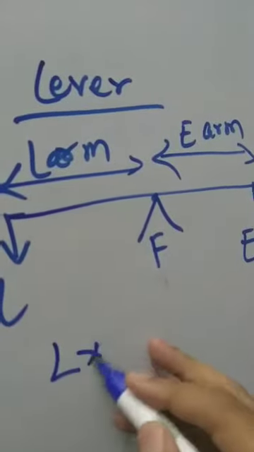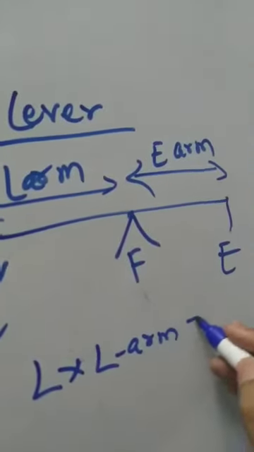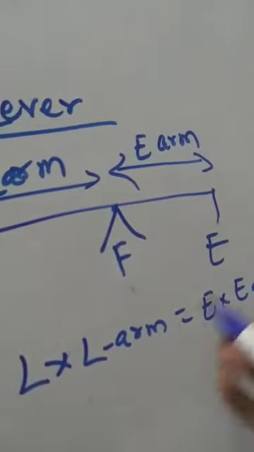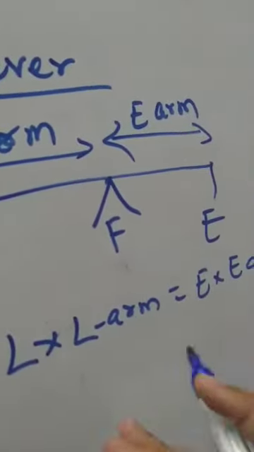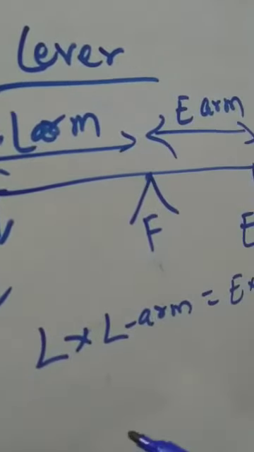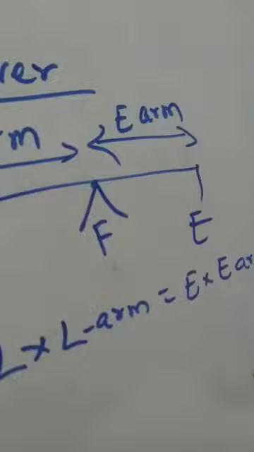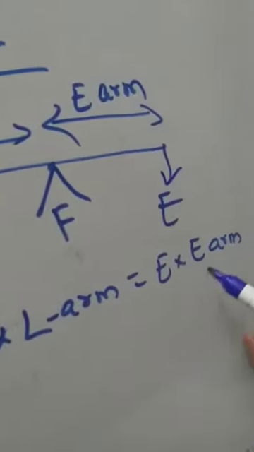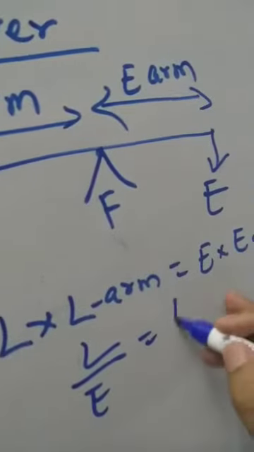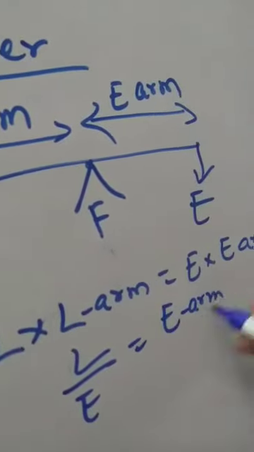So load into load arm is equal to effort into effort arm. Total anti-clockwise moment, load into load arm, is equal to total clockwise moment, that is effort into effort arm. Then load by effort is equal to effort arm by load arm.